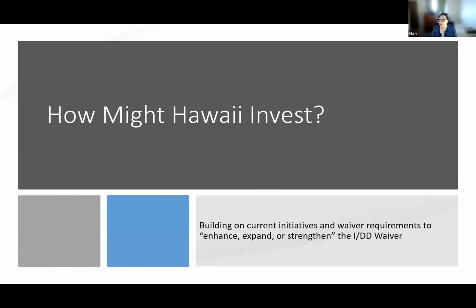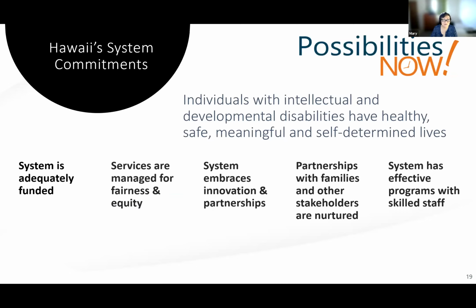I just wanted to show that this language comes from the law again: enhance, expand, or strengthen. So that's one of the key frames that we have to think about when we do the planning. Okay, now I'm ready. Thank you.